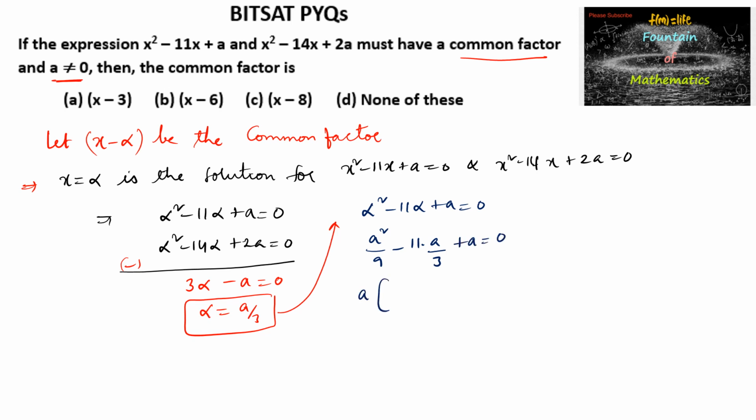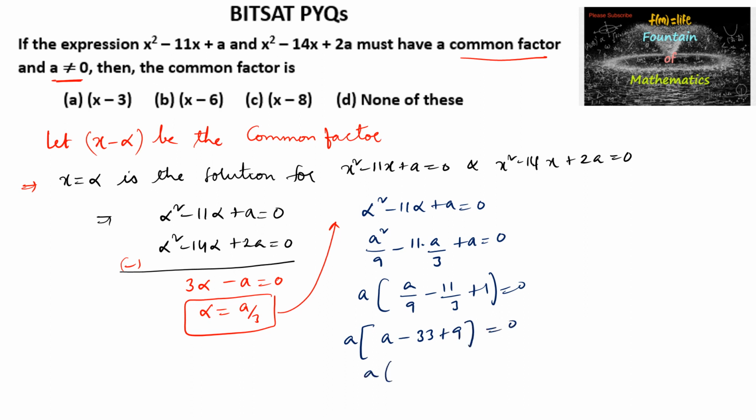So a can be taken common. So a times (a upon 9 minus 11 by 3 plus 1) is equal to 0. So a times (a minus 33 plus 9) over 9 is equal to 0.